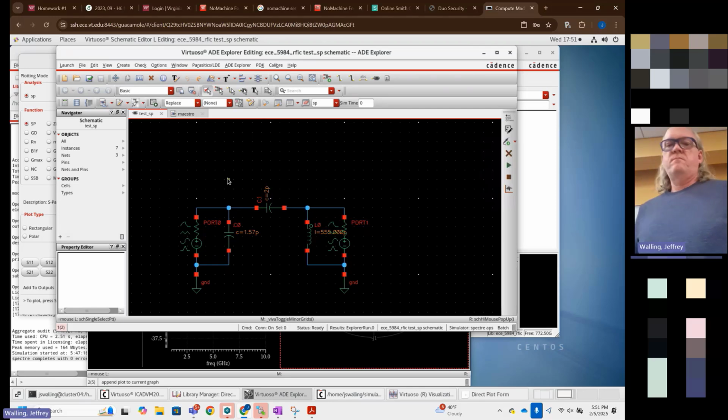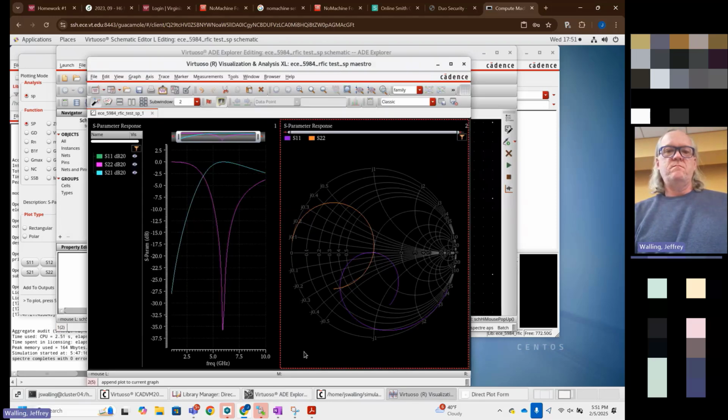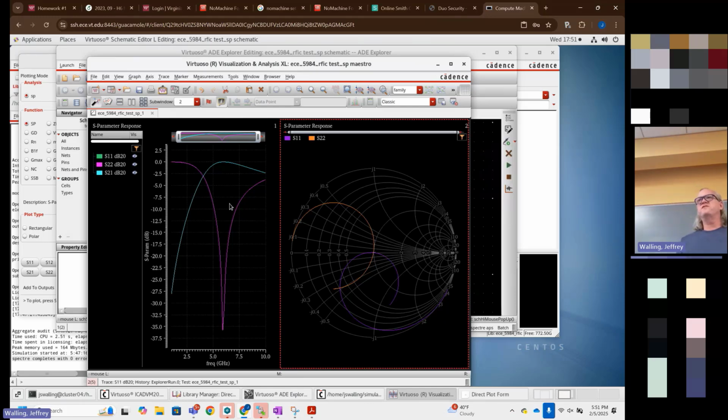How could you tell that the quality factor is 3 by just looking at the bandwidth? Quality factor is equal to center frequency divided by bandwidth. We know that the center frequency here is about 6 gigahertz. If I look at the match, we're looking at the minus 10 dB crossing point. So it goes from about 5.1 up to about 7.1, almost 2 gigahertz.